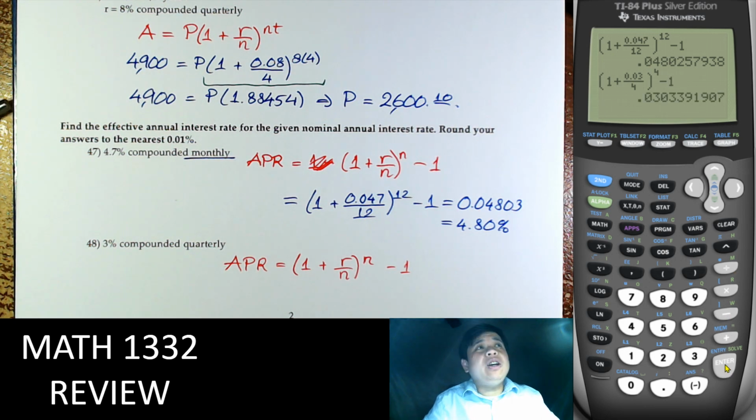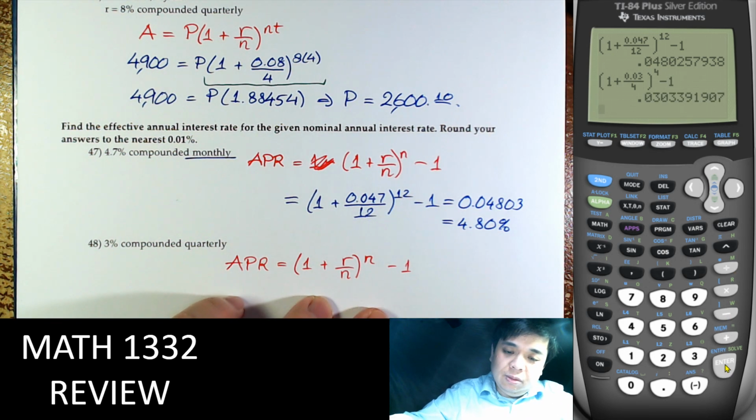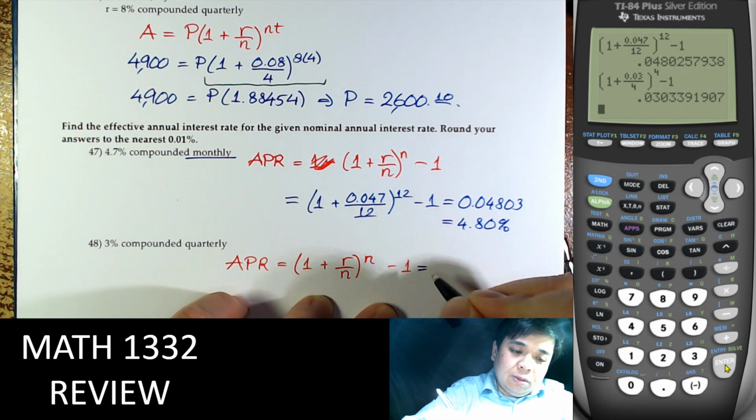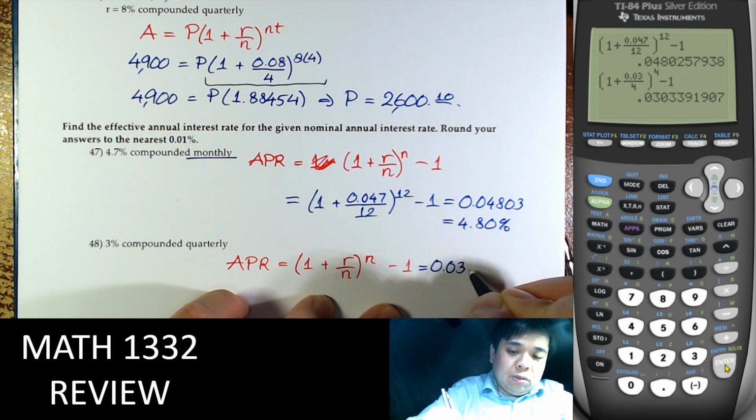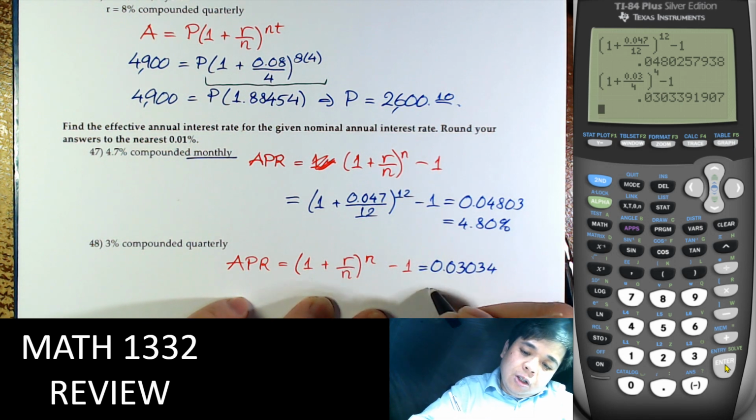So it's slightly bigger than 3%. So that is about 3.03%.